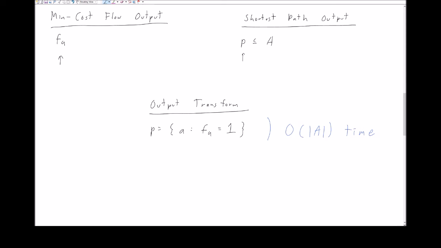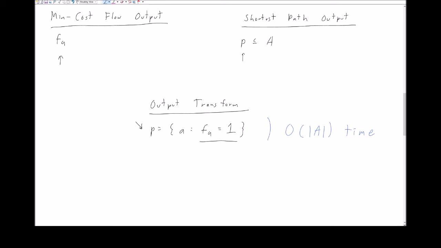In this case, we can transform our min-cost flow output to our shortest path output by identifying the path with all the arcs that have a flow value equal to 1. Here we've used the integrality of flow property, and by doing this, we've identified the path that's going to take this 1 unit of flow from S to T.